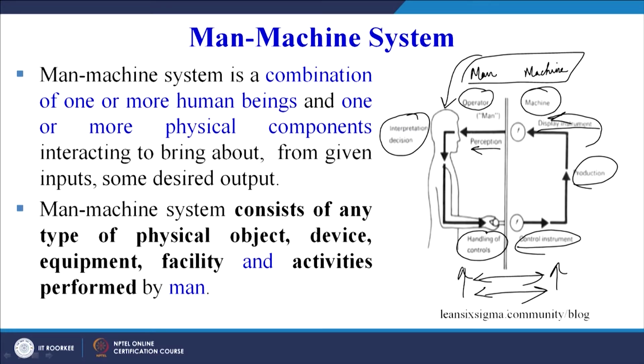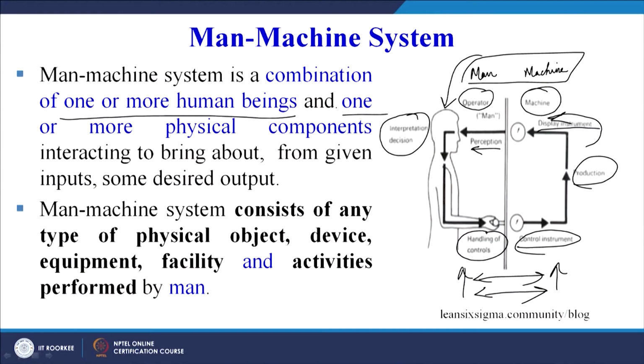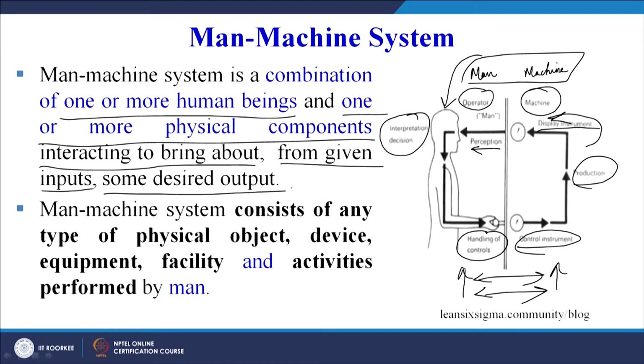If you have understood the figure, a man machine system is a combination of one or more human beings and one or more physical components interacting. So basically it is an interaction between one or more human beings and one or more physical components. They are interacting to bring about, from a given set of inputs, some desired output.